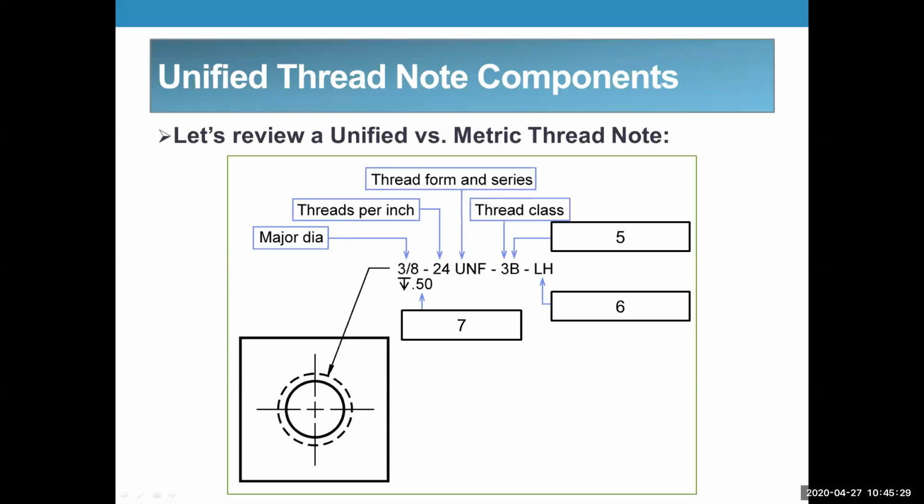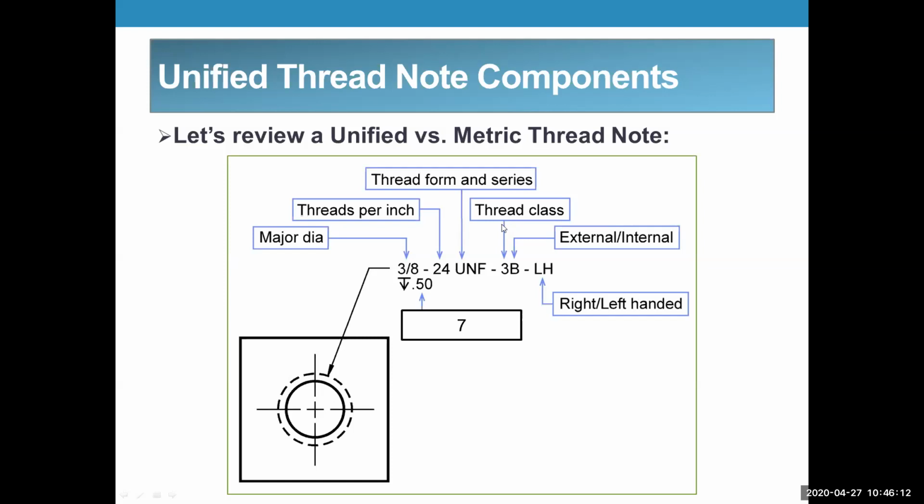The fourth position is the class of thread, which, along with calling it external or internal and left hand or right hand, is optional as long as it's a standard or the default values, which would be thread class 2. Whether it's external or internal, we don't normally call out, and if it's right hand, you don't need to call out the hand.